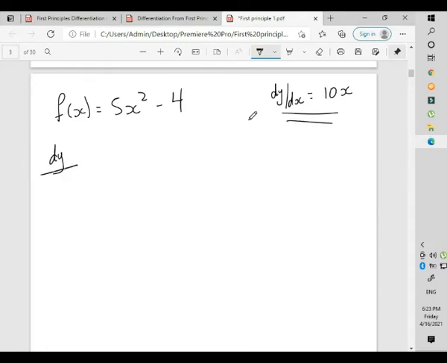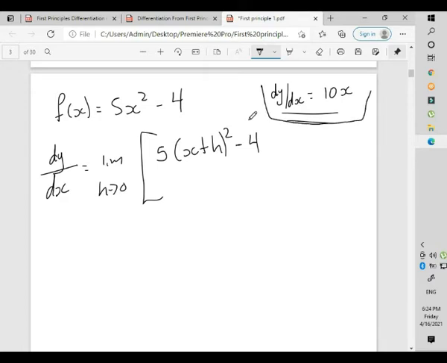So dy upon dx, limit as h approaches 0. I'm not going to write back the formula for this one. So I put 5 times (x plus h) squared. Again, wherever the x is, you're writing x plus h, and since it's to the power of 2, you put it squared. Make sure you put back this minus 4. It's important.